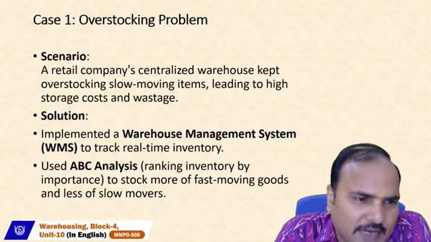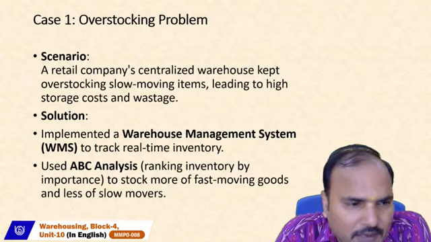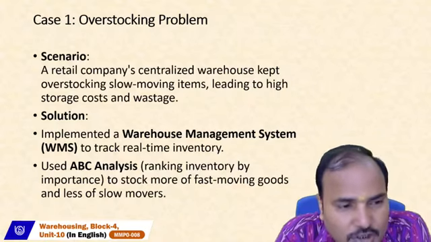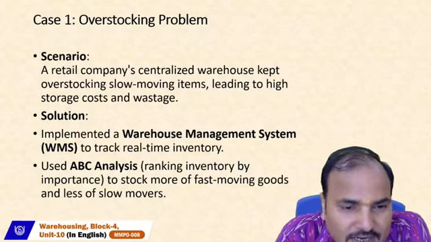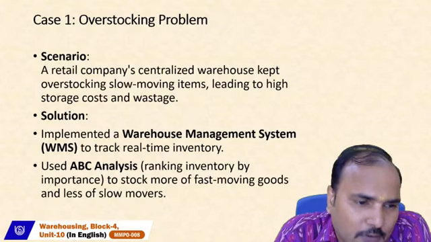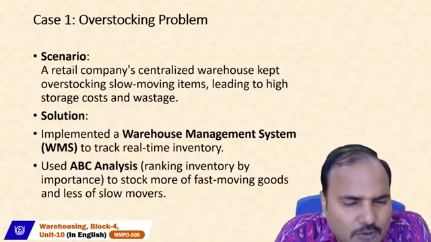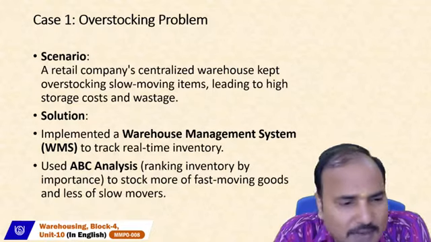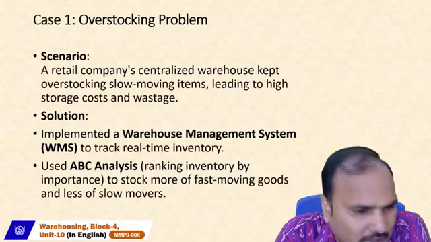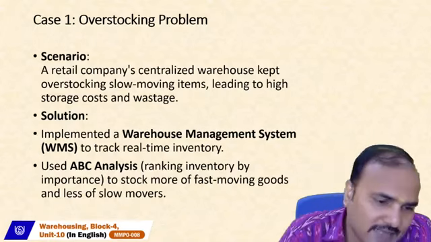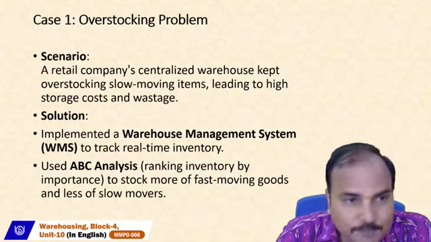In this particular scenario, the solution may be to implement a warehouse management system, WMS, which we have already discussed, to track real-time inventory. Another is that you have to use ABC analysis. What is ABC analysis? This analysis is meant for ranking inventory by importance. What are the A category, the B category, and the C category, so as to stock more of the fast-moving goods and less of the slow movers.